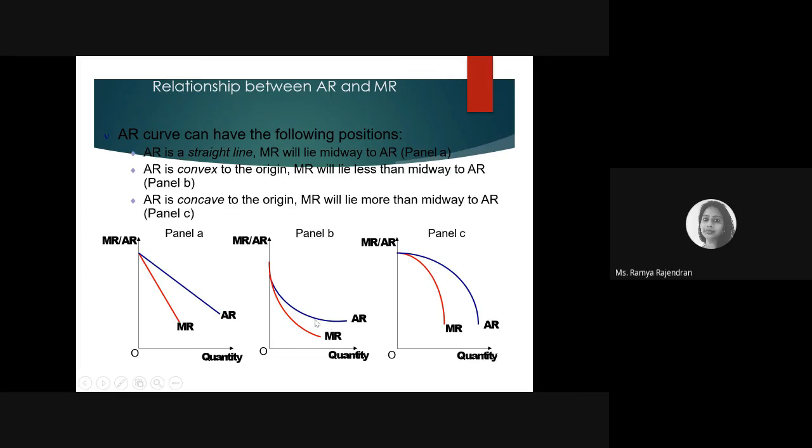Here, when average revenue is convex to the origin, it's in a convex shape, MR will lie less than midway to AR. Okay, when AR is concave, completely in a concave shape, it will lie more than midway to AR. It's below the AR. Okay, so that's how AR and MR are related to each other.